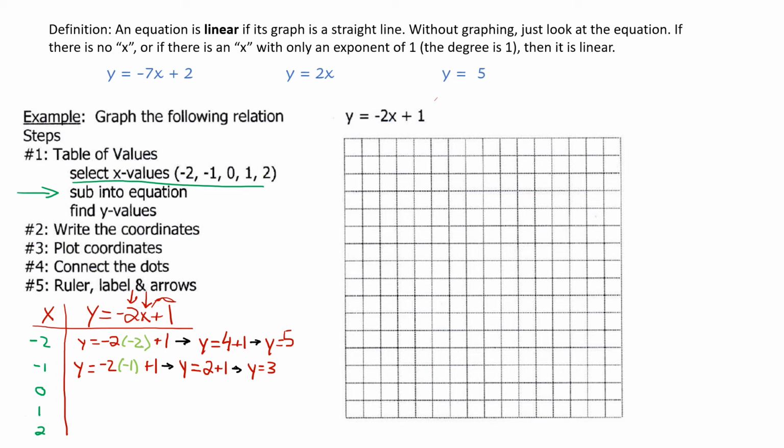So y equals, I'm going back up to the equation. Let me erase this stuff here. This is the equation I'm doing right here. This whole piece right here is what I'm subbing in. So I've got my y, I've got my equals. Now I'm going to do my -2. Now instead of x, I'm putting 0 this time.